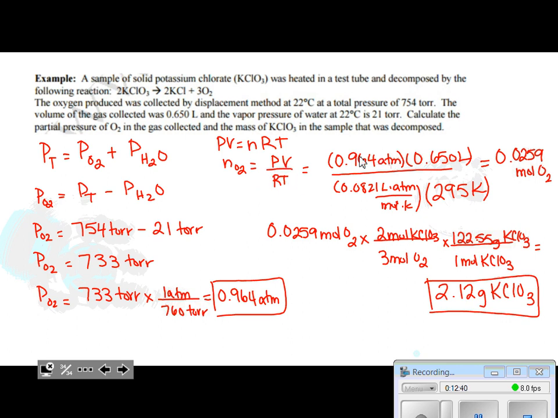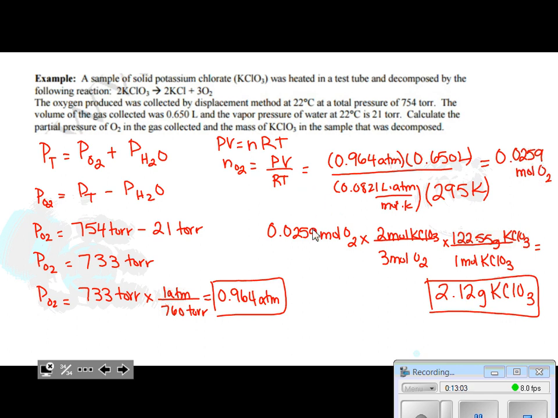So the pressure is what I got. The volume, I collected 0.650 liters of oxygen gas, okay? R is a constant. And then the temperature, this happened at 22 degrees Celsius, so I have to change that to Kelvin, so 295 Kelvin. So total, I produced 0.0259 moles of oxygen gas.